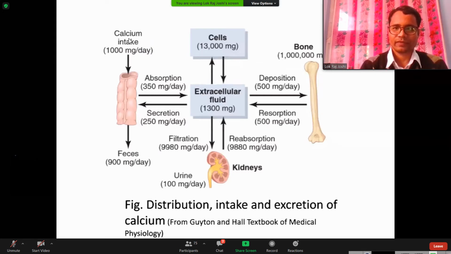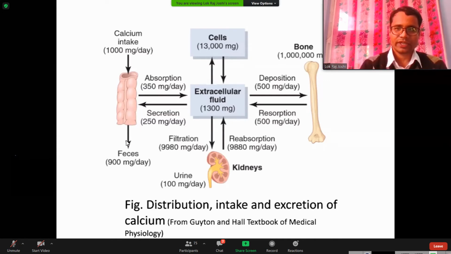calcium that enters the body through the GI tract is absorbed. And the figures here tell about the average daily amount. And you can see here, again, between the intestine and extracellular fluid, plasma, the relation is bidirectional.